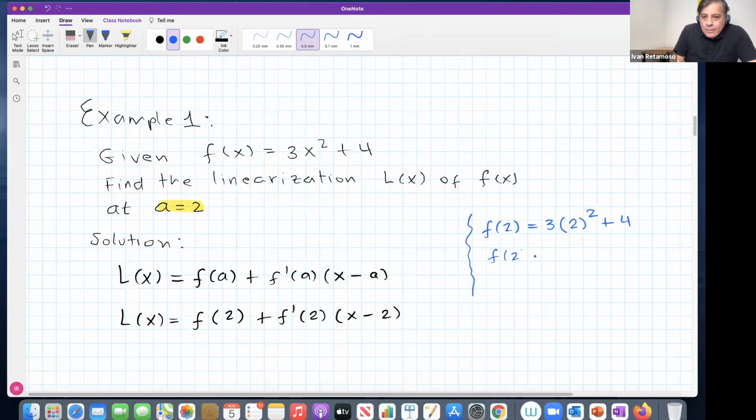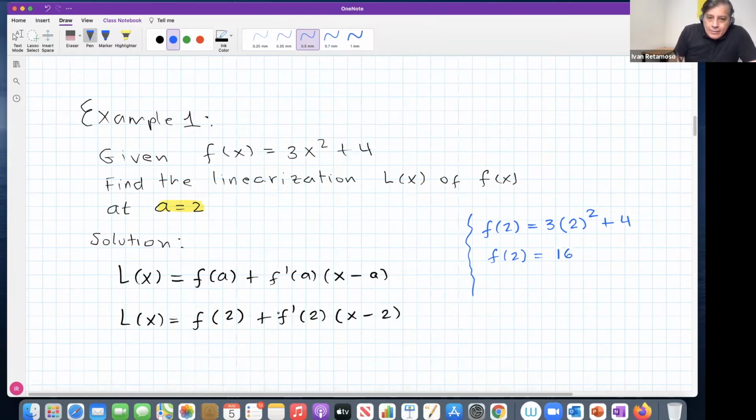So f of 2 will be equal to 2 squared, 4 times 3, 12. 12 plus 4, 16. If the numbers are not so friendly, you can put this in your calculator, and you should get 16 there.